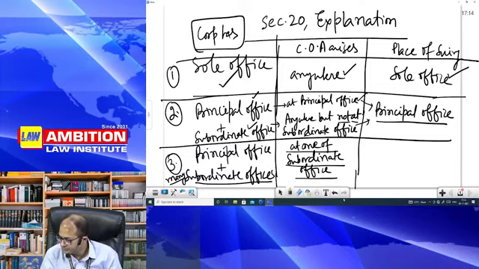It means basically that law supports only those who are alert. Vigilant means alert or agile, and not dormant.